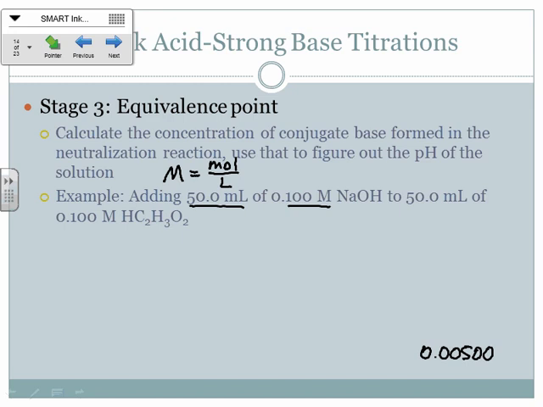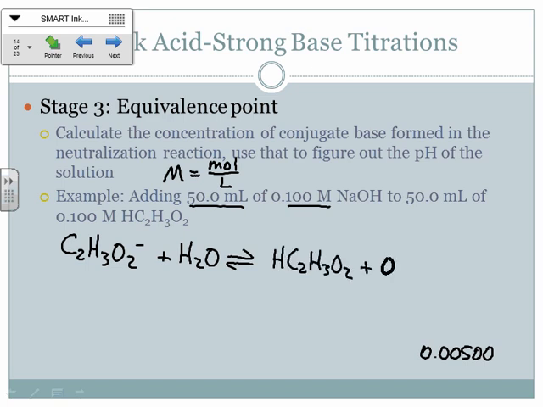All right, so now what we've got is C2H3O2 minus. It's going to react with the water. Now this is an equilibrium because this is a weak base, okay? It's going to pull a hydrogen off of the water, make HC2H3O2 plus OH minus, okay? And now, again, when we're doing equilibrium, you want to use concentrations.